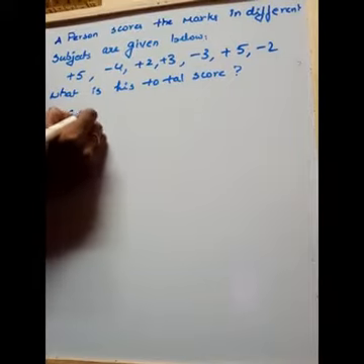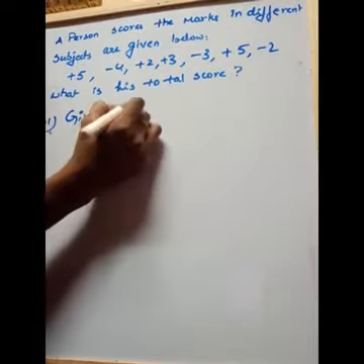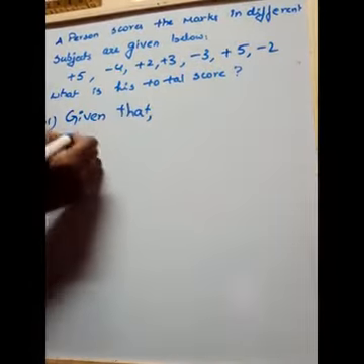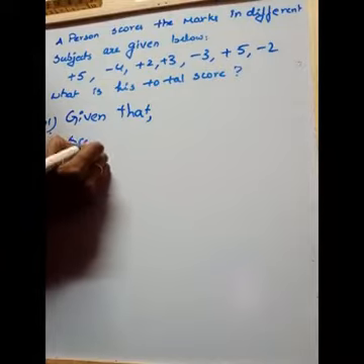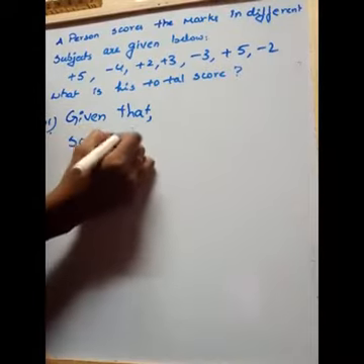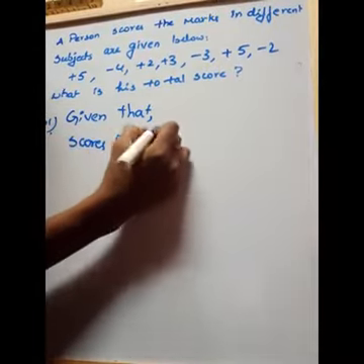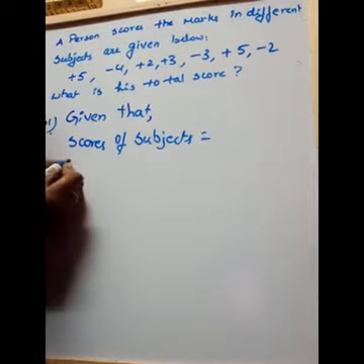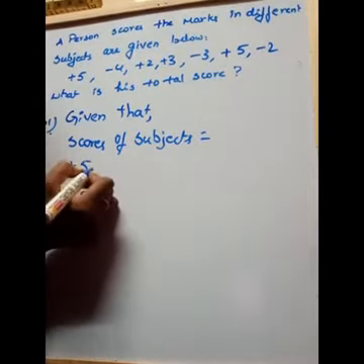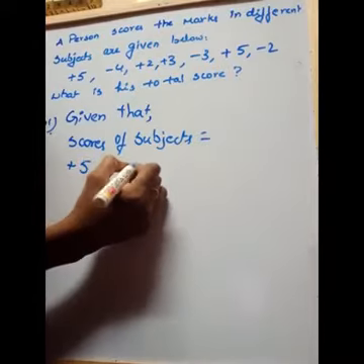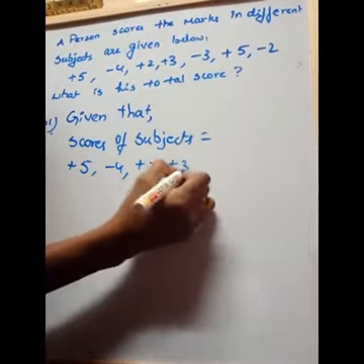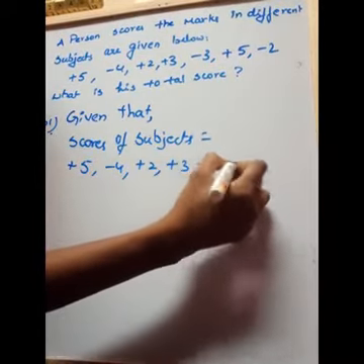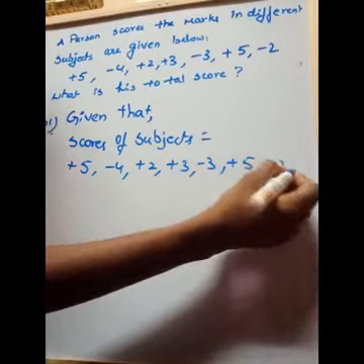Given that, scores of subjects. What are the scores? Plus 5, minus 4, plus 2, plus 3, minus 3, plus 5 and minus 2.